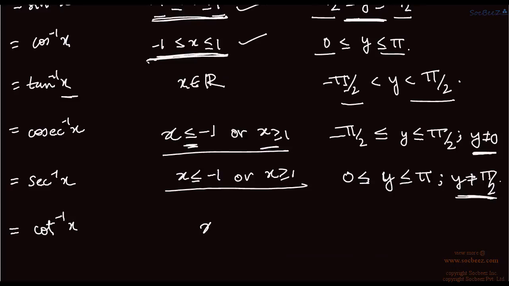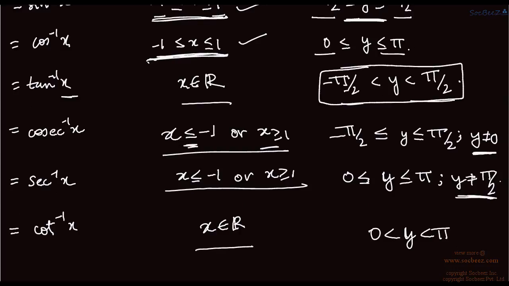For cot inverse x, the domain will be again just like the tan inverse x. Okay, tan and cot are the opposite of each other. But the range will be 0 to pi. Why is that? Because in tan inverse, sine comes in numerator.